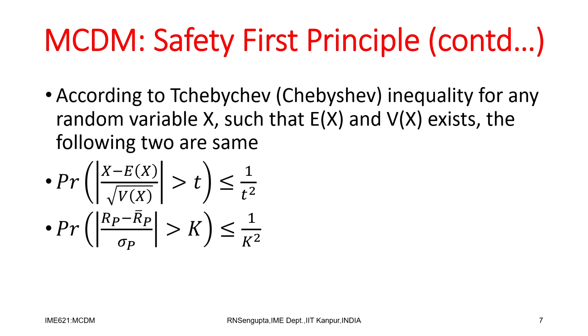Further extending it, according to Chebyshev's inequality for any random variable such that the expected value and variance exist, first moment and second moment exist, the following are the same. So, in the concept of Chebyshev's inequality, diagrammatically, if I consider the line of random variables, and this is basically the expected value, which is Ex, and random variable x is on any side, onto the left or the right.